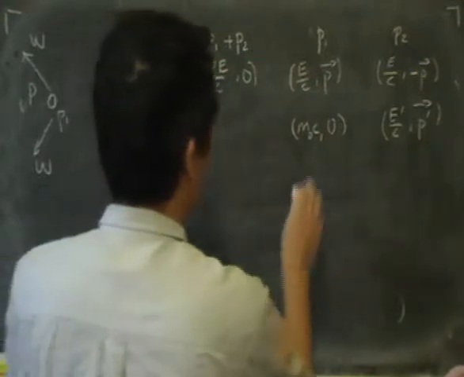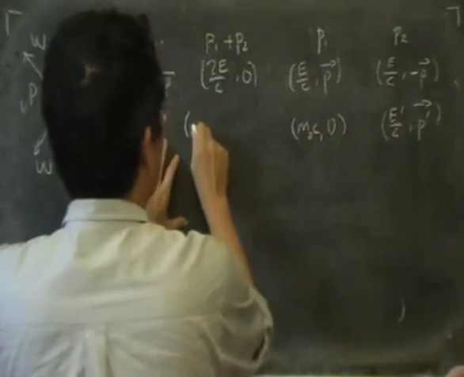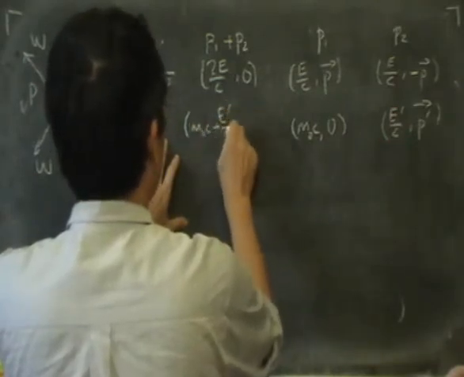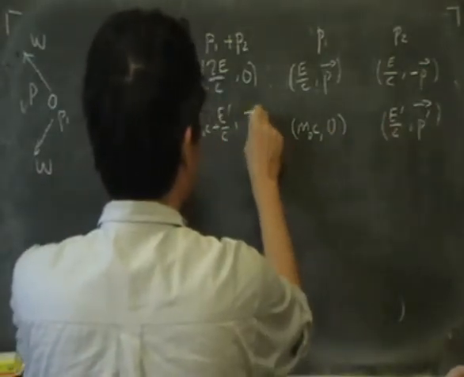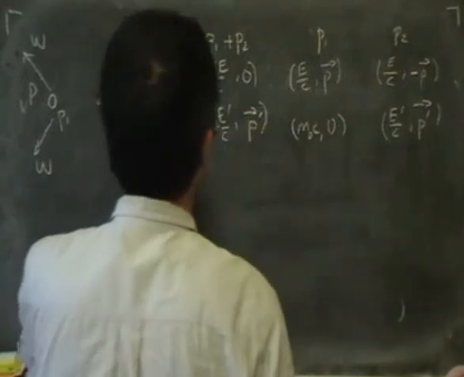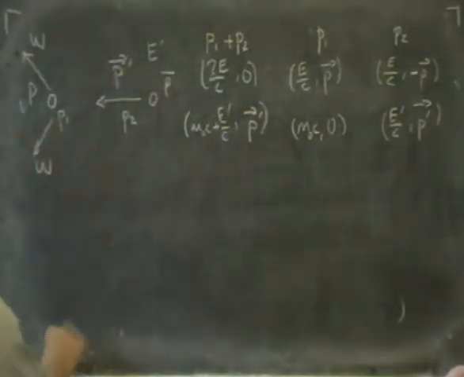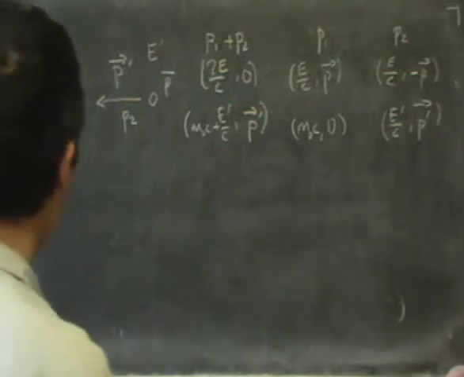Now let's do it for this. So here we get m naught c plus E prime over c, comma 0 plus P prime. So we are not so lucky here. We still have the unknown P prime there. The next step is to take the inner products.